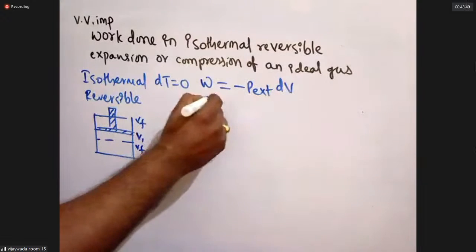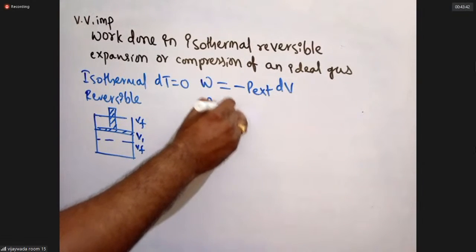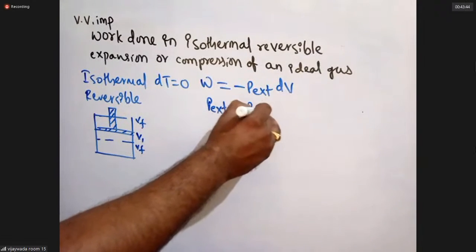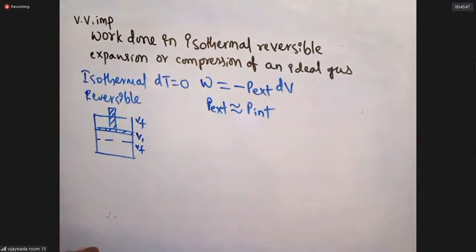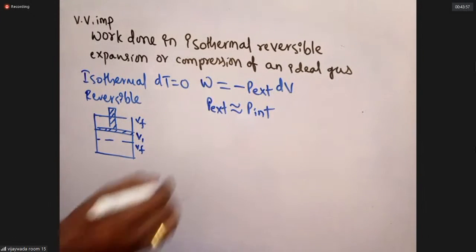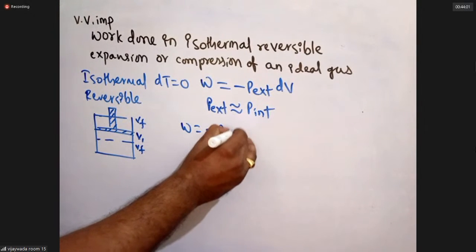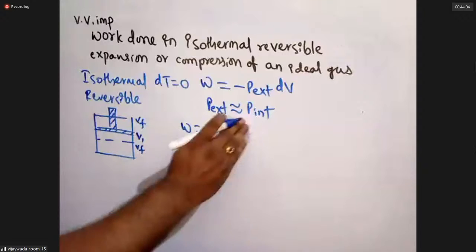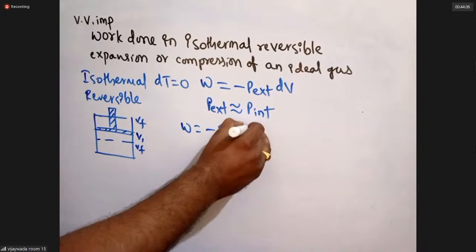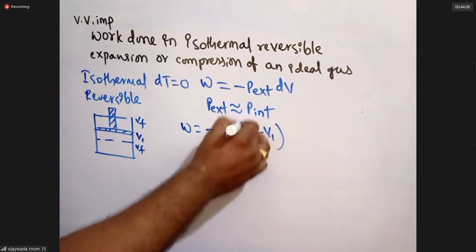So you can take P external almost equal to P internal. Am I correct? So P external, P internal almost similar. That's why the process may be reversed if you change little. Okay. So work done equal to minus P internal dV. What is dV? dV is V2 minus V1.